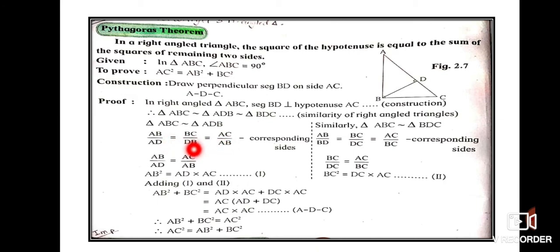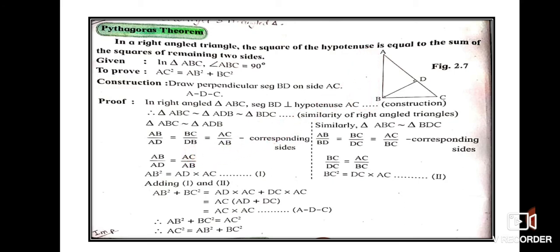Now from these three corresponding sides, we need to pick up two. Remember, we have to prove that AC square is equal to AB square plus BC square. So which two are you going to pick up? If you look at the first one and the last one, you see here AB in the numerator and AB in the denominator. If I cross multiply, I will get AB square. I need AB square.